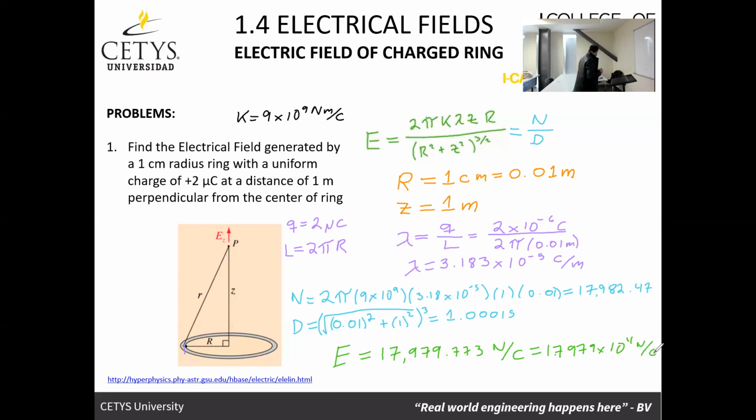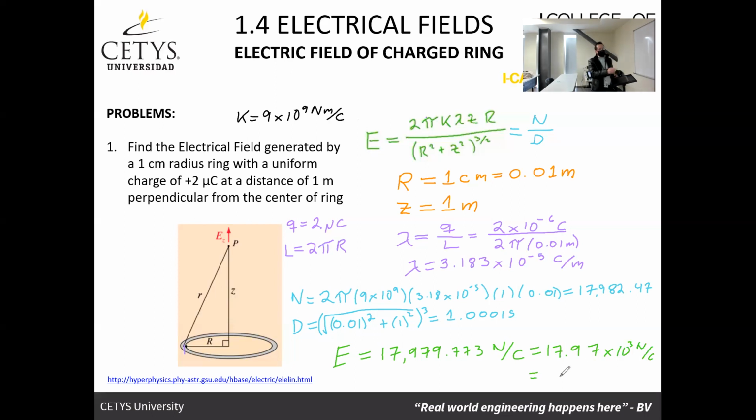That could be one way of doing it, or another way, since there are many ways to represent the same magnitude. It could also be 17.97 times 10 to the 3. And why did I put the 10 to the 3 instead of the 10 to the 4, just as an example?